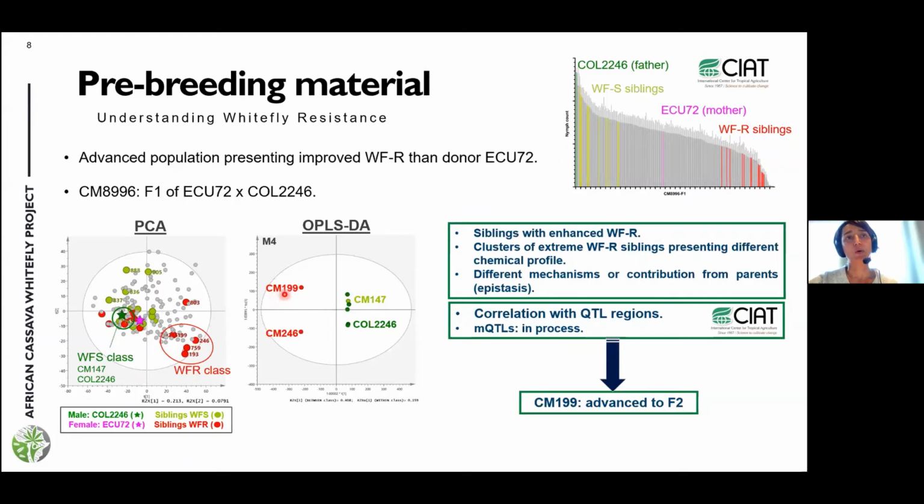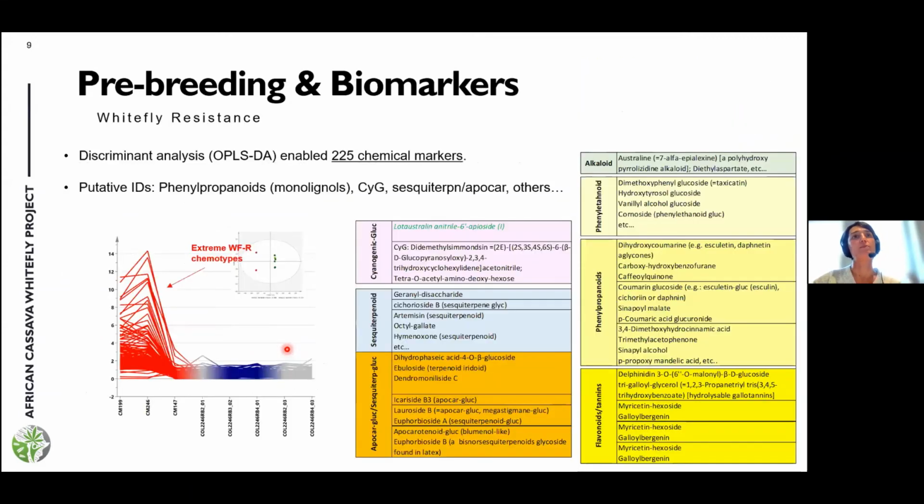indicated that CM199 and CM246 were able to explain the variation between the phenotype classes, and they were therefore selected for creating F2s.